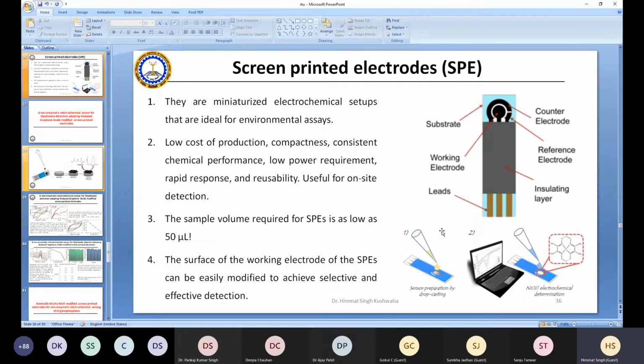The advantage of these electrochemical sensors is that they can be miniaturized using screen printed electrodes.